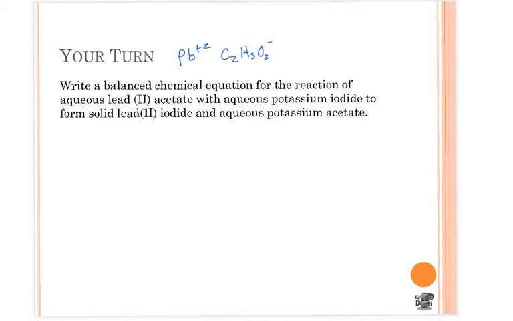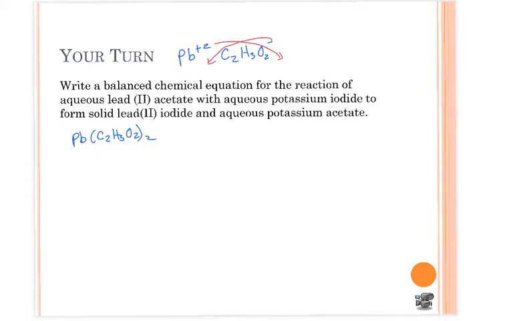So now let's crisscross the charges. And so we end up with Pb(C2H3O2)2, with lead 1, because the negative 1 we don't have to write. And we put parentheses around the acetate because we have 2 of those.